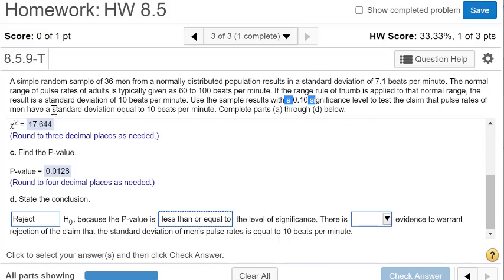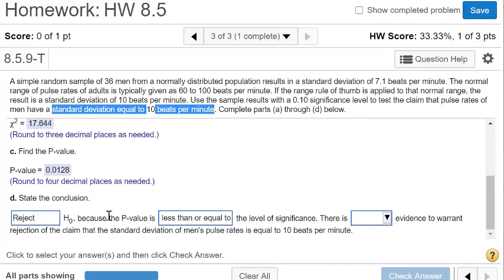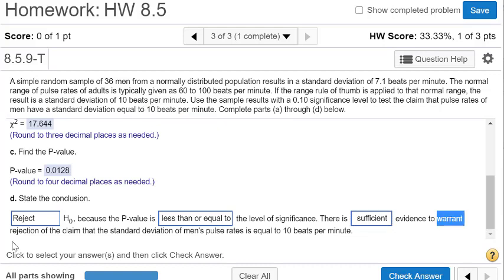The claim was that it's equal to, so the claim was the null hypothesis, and we rejected the null hypothesis. So there is sufficient evidence to warrant the rejection of the claim, which is the null hypothesis, that the standard deviation for men's pulse is equal to 10 beats per minute.